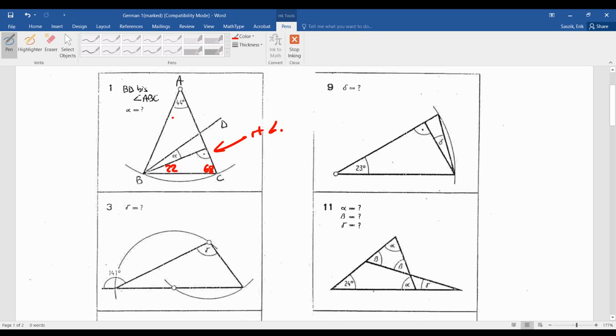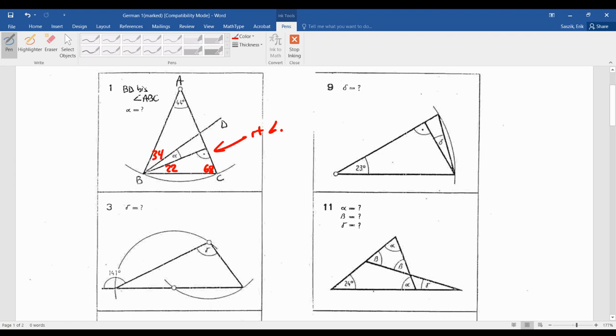Now, angle ABC has been bisected. Sorry, forget what I said earlier. Angle ABC has been bisected. So if this whole angle is 68, this is 34.